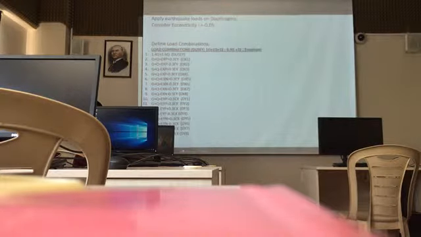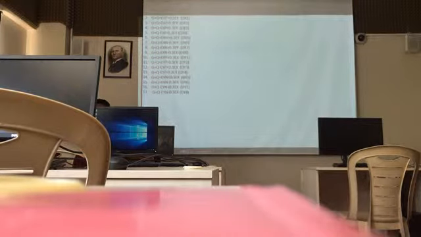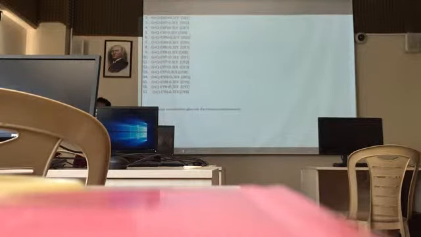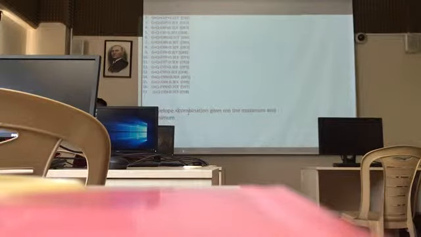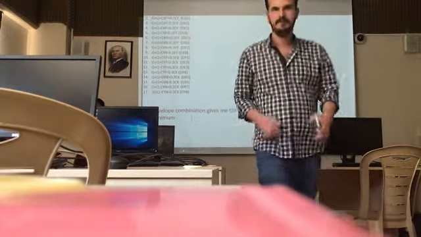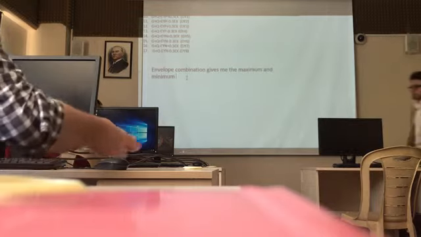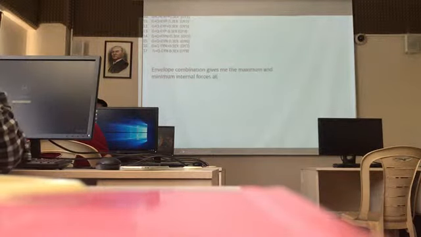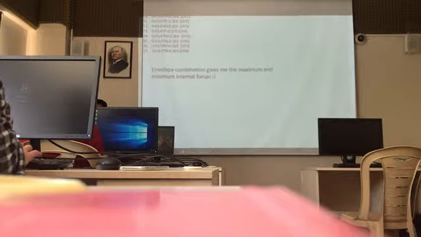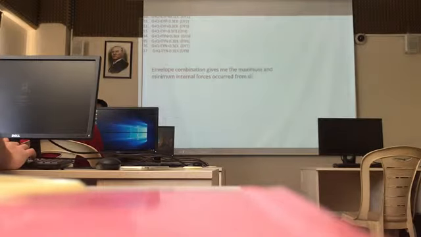Let me write here. Envelope combination gives me the maximum and minimum internal forces at each member, from all load combinations.